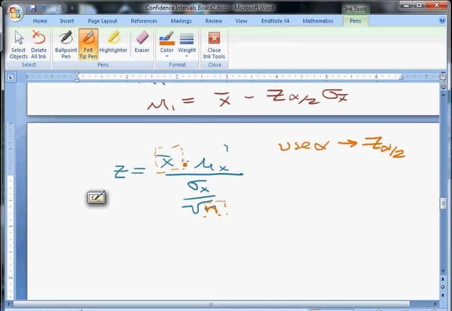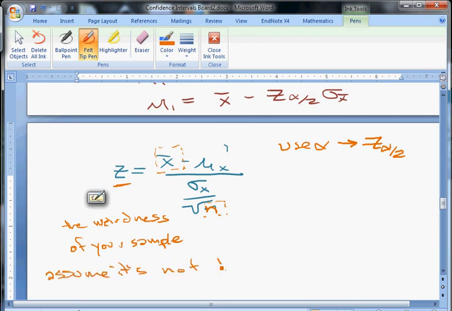Essentially, every time you take a sample, if this is the true value, you're going to be off. And this z is like the offness, the weirdness of your sample. And what we're trying to do is say we don't actually know the z-score of any given sample. What we want to say is assume it's not too weird, meaning it falls within alpha.